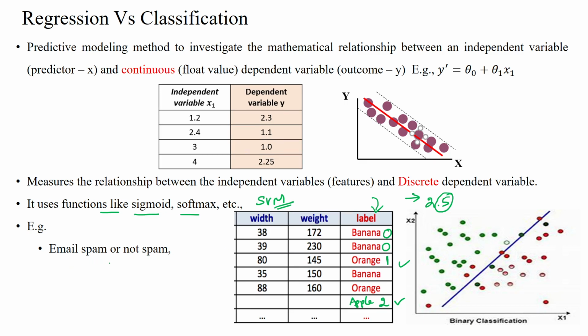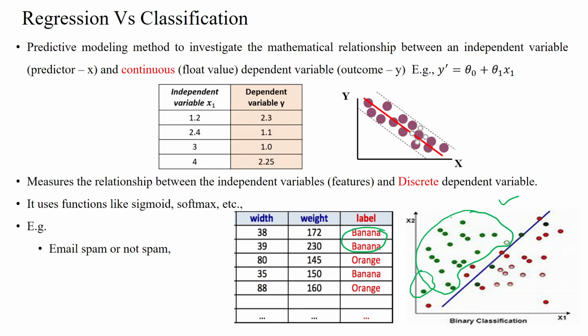For example, here you look at that the given data set has two types of fruits. The two types of fruits are categorized in the form of a plot. These are given in one data set. The green color data points are classified as class A, or class banana, and the red color data points are classified as one class, class B. Here there are green color data points on the wrong side.